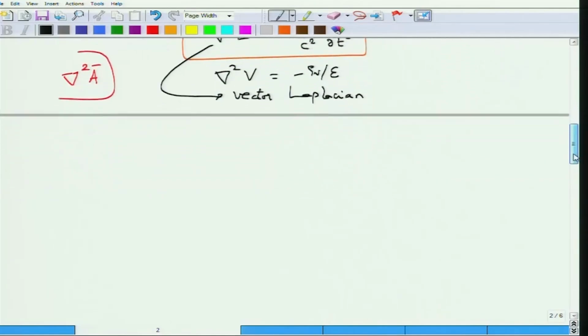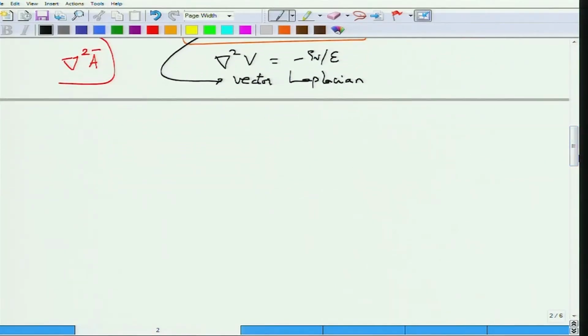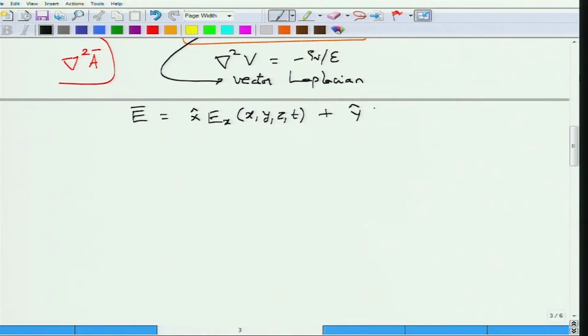If you expand this vector Laplacian, at least in Cartesian coordinate systems, you will get the following. The electric field itself will have an x component, which could be varying with respect to x, y, z and t, plus the y component of the electric field, which could be a function of x, y, z and t, and the z component of the electric field, which would again be varying with respect to x, y, z and t.